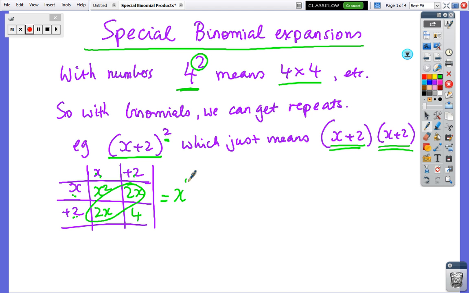So you end up with x squared plus 4x plus 4. And this diagonal is the one that we look at as a special thing, like the diagonal will always be the same as each other. Okay, so copy that down and then come to the next slide.